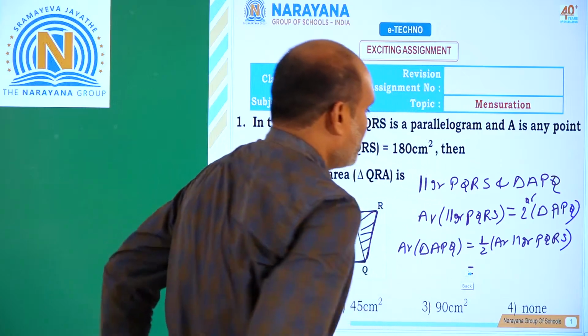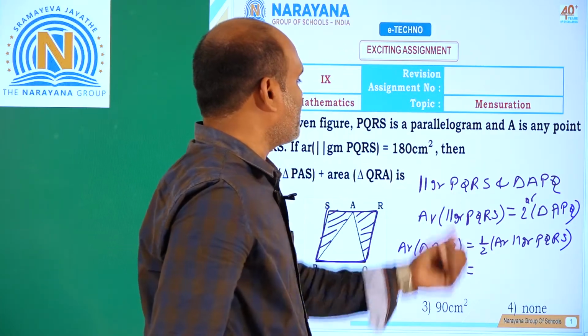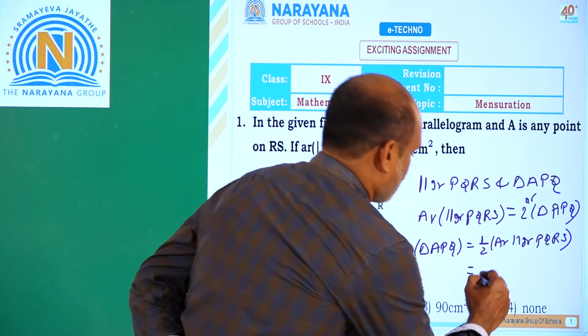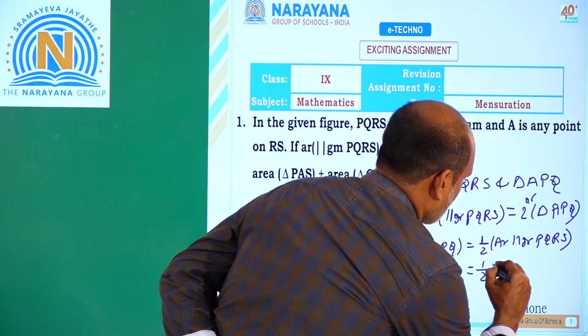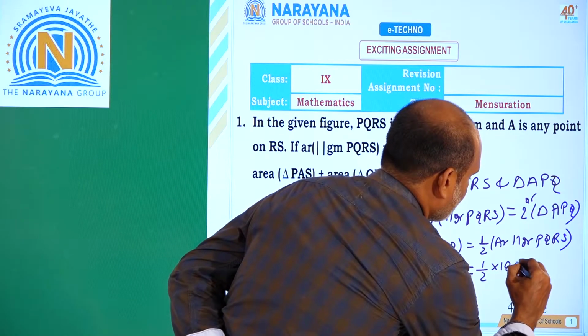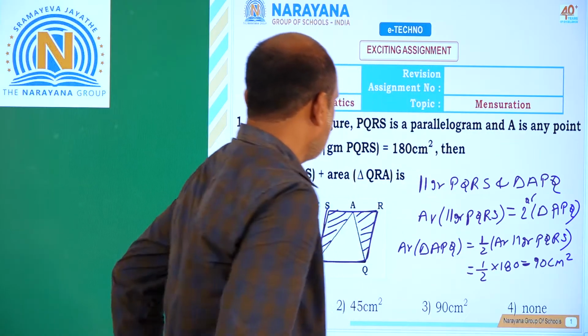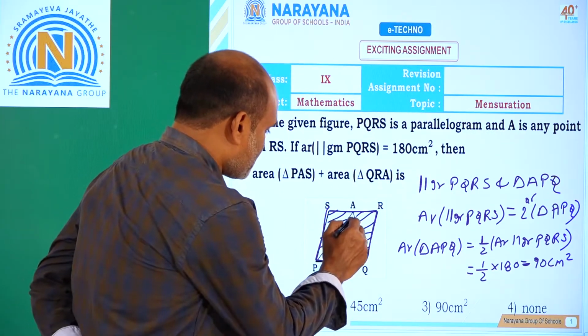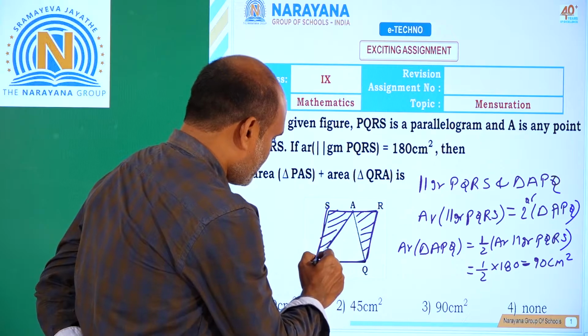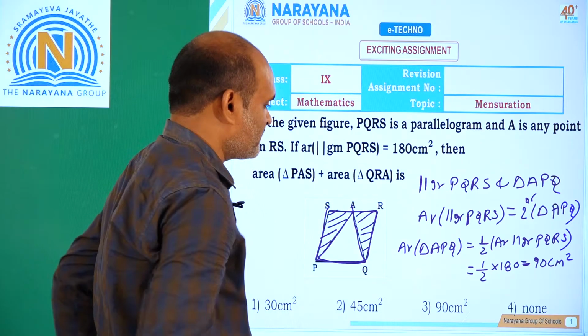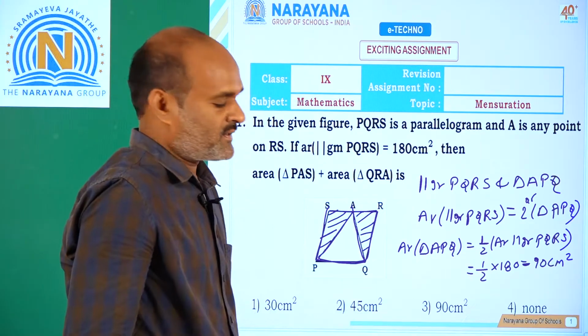The area of the parallelogram is already given, 180 centimeter square. That is 1 by 2 into 180, which is equal to 90 centimeter square. So the area of this triangle APQ is 90 centimeter square.